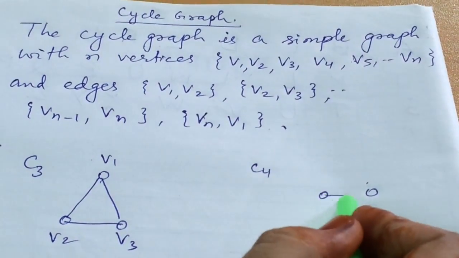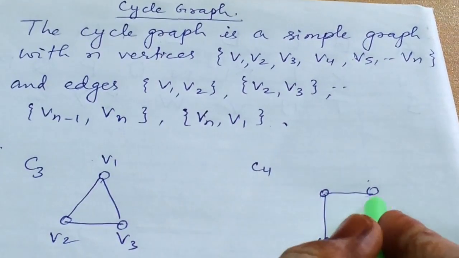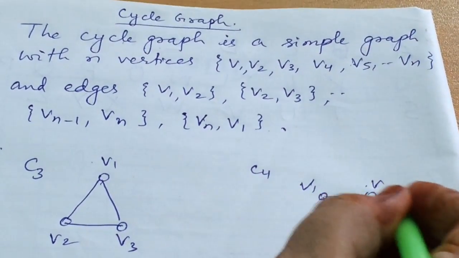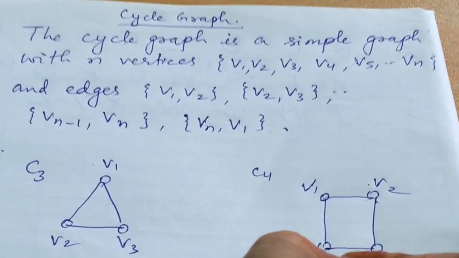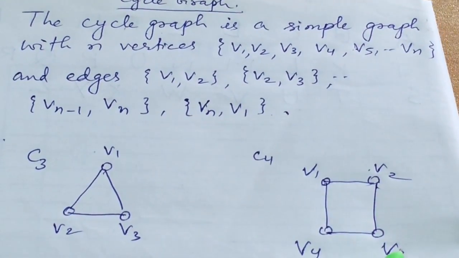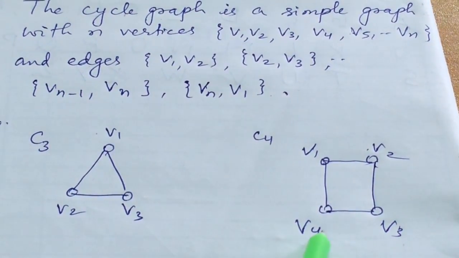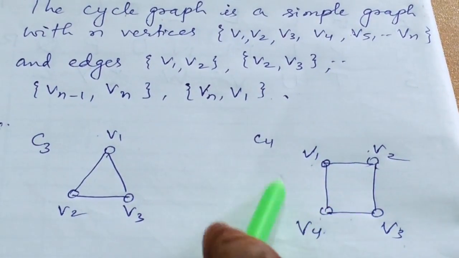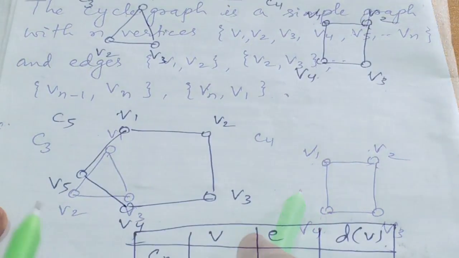Let's take a cycle graph of four vertices. These are four vertices v1, v2, v3, v4. We have edges from v1 to v2, v2 to v3, v3 to v4, and again v4 to v1.